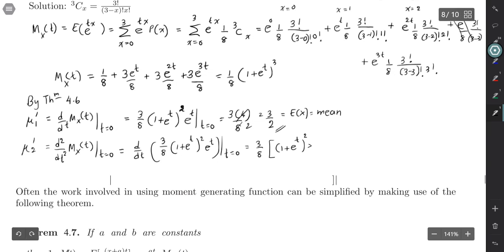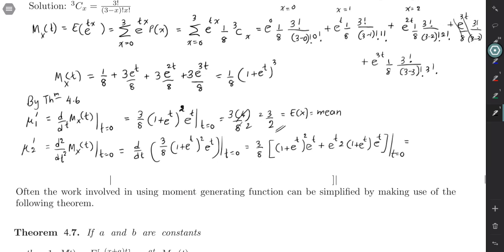The derivative of e to the t is e to the t, plus the other term, e to the t times the derivative of the next term, which is 2 times (1 plus e to the t) times another e to the t. Then evaluate this at 0. When t is 0, e to the 0 becomes 1, so the simplification is very easy, and you will find that this is simply 3. So this is the second moment about the origin, or E(X squared).